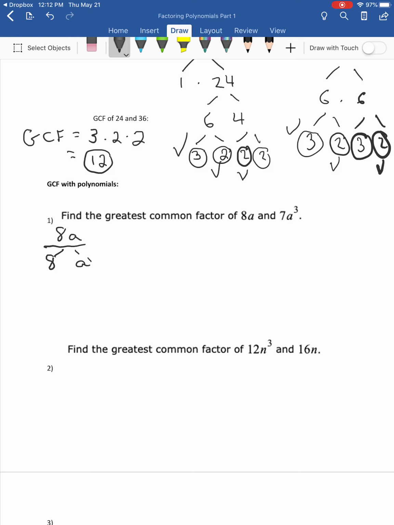I'm going to circle a. 8 is not a prime. We can go further with that. 4 and 2. I'm going to circle that 2. And that 4 is 2 and 2. I'll circle each of those 2s. Okay, 7a cubed. You can go 7 times a cubed. All right, 7 is a prime number.